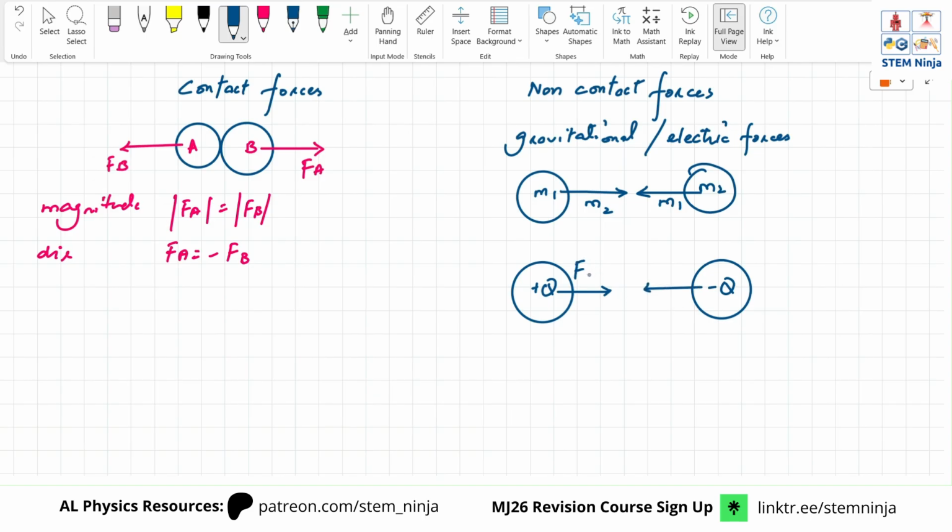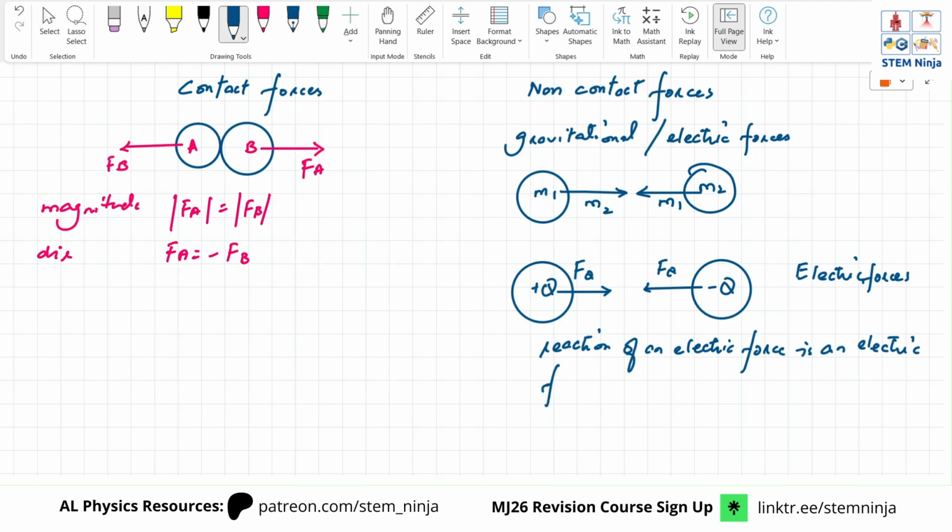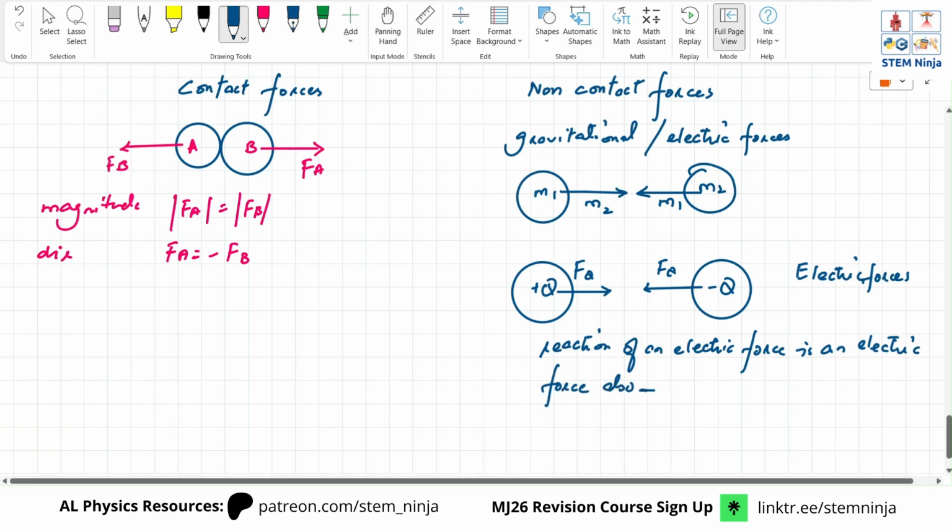So these both are electric forces. They may have gravitational forces in between also, but the reaction of an electric force is going to be an electric force also, meaning forces are of the same kind.